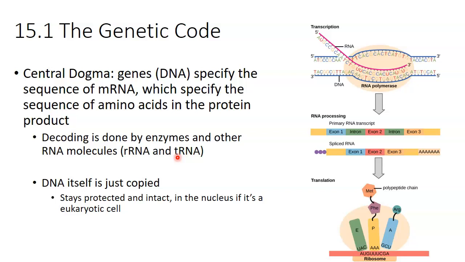RNA is the copy of your genetic information, and it has specific jobs. If it's mRNA, it gets translated. If it's rRNA, it's part of the ribosome. If it's tRNA, it's going to be involved in transferring amino acids into that site of protein synthesis. All three molecules of RNA are very, very important. And this process of translation couldn't happen if any of them were missing.